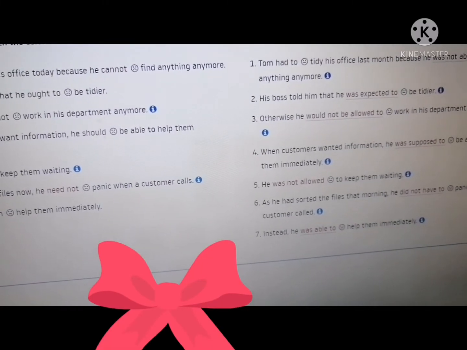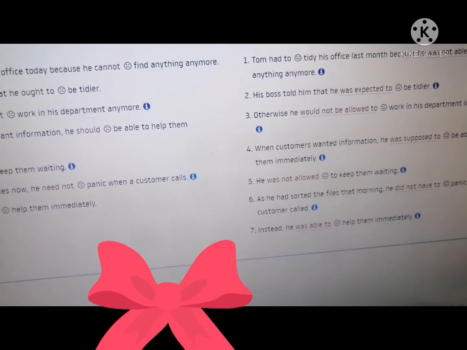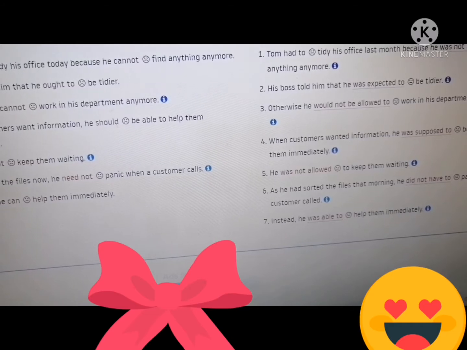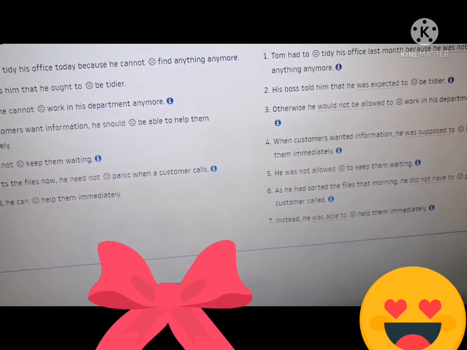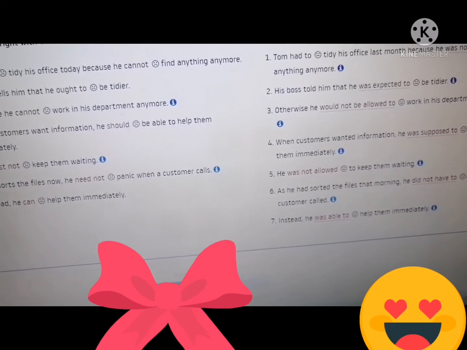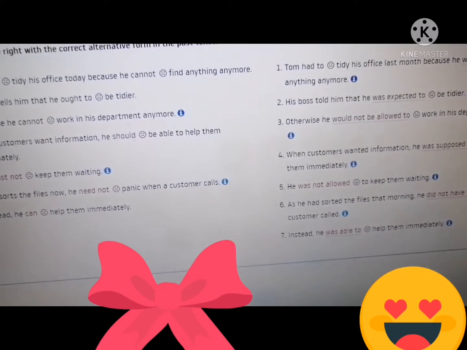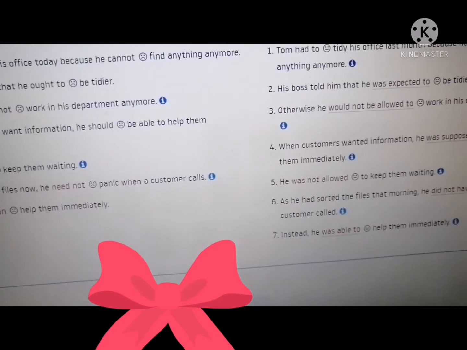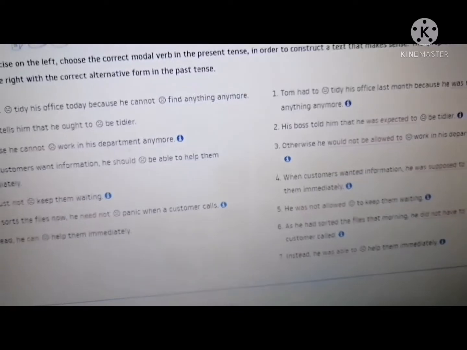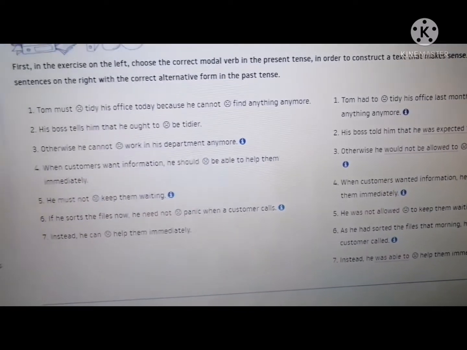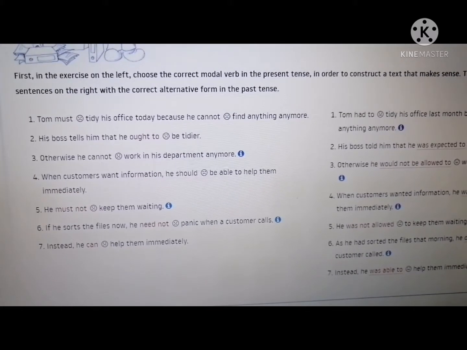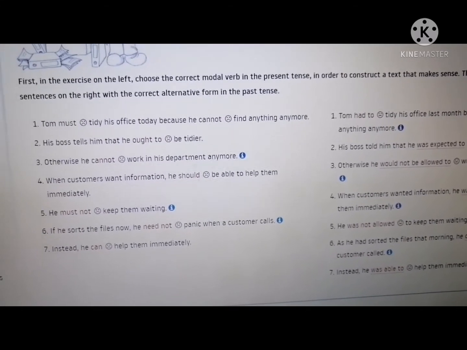Number 5, he was not allowed to keep them waiting. Number 6, he had sorted the files that morning. He did not have to panic when a customer called. Number 7, instead he was able to help them immediately. So that's it for the exercises, guys. I hope you understand about the modal verb.